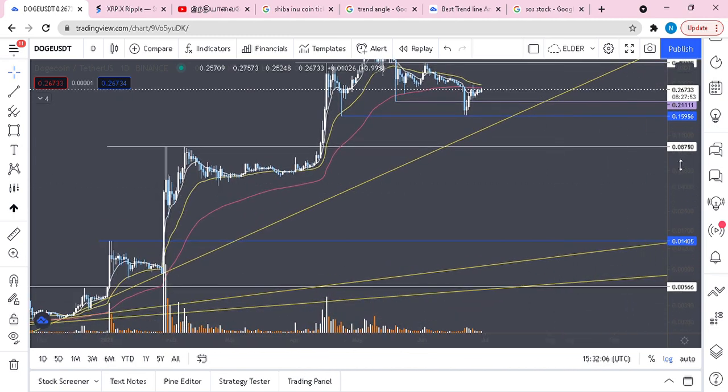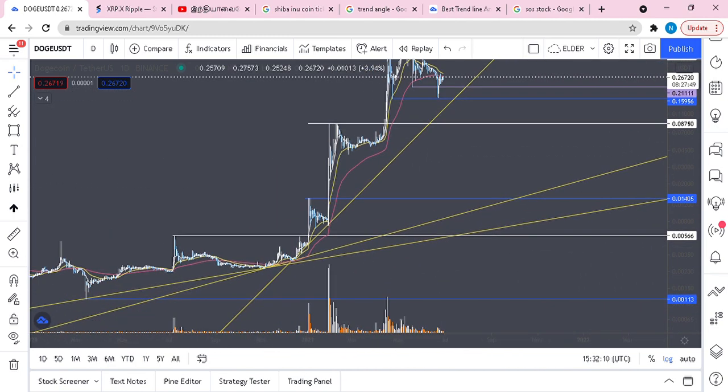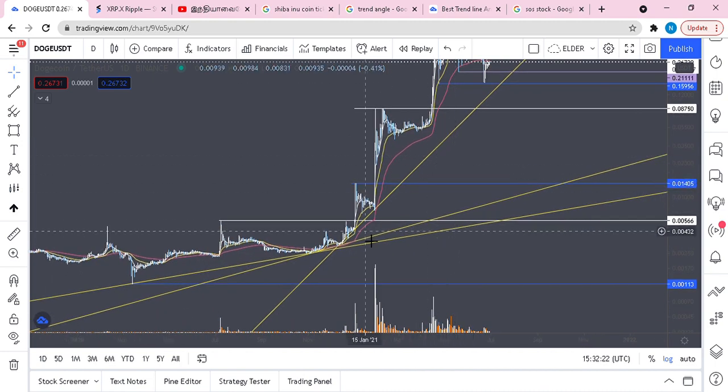But here is what Doge is going to do, because there are a few things that I have to point out when it comes to Doge too. Market got too bullish over here, it failed to retest this valley. And same thing with this valley. This valley did not get retested either.